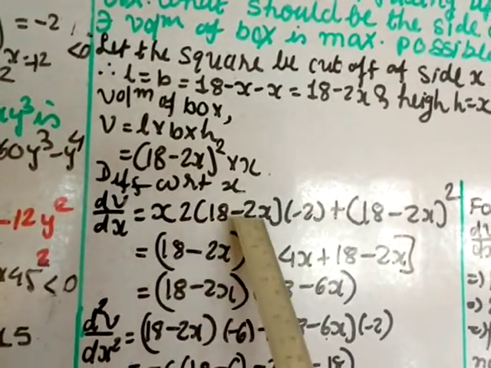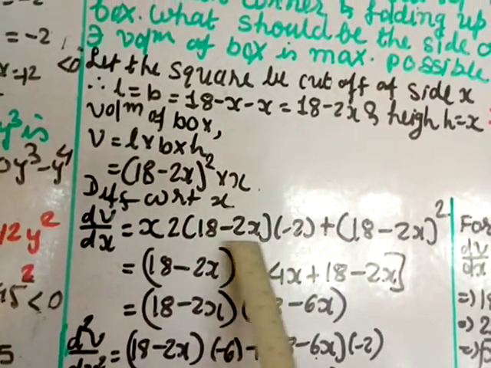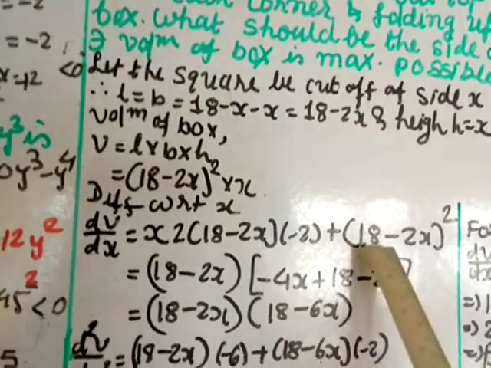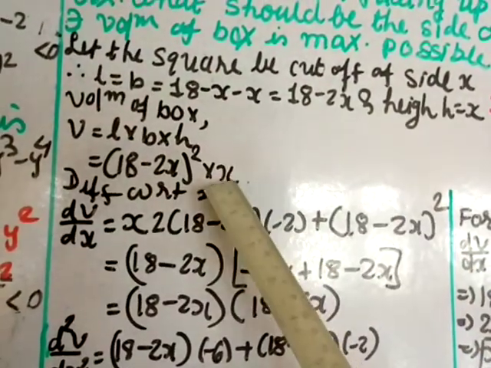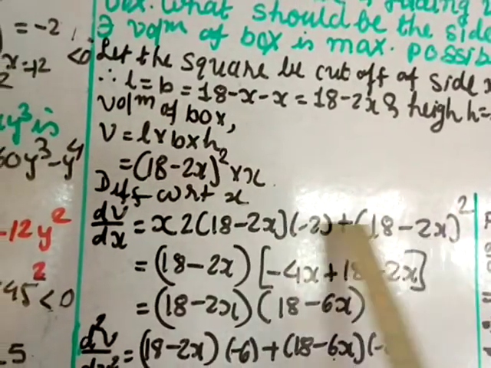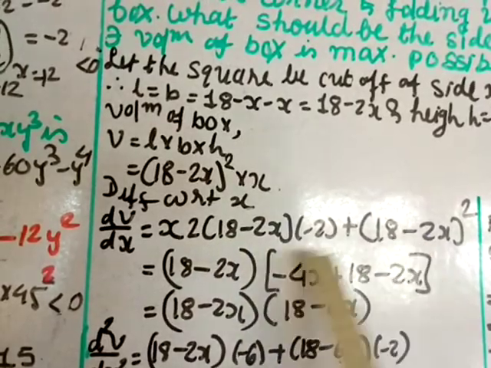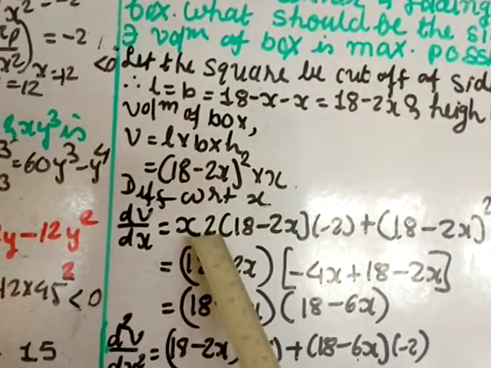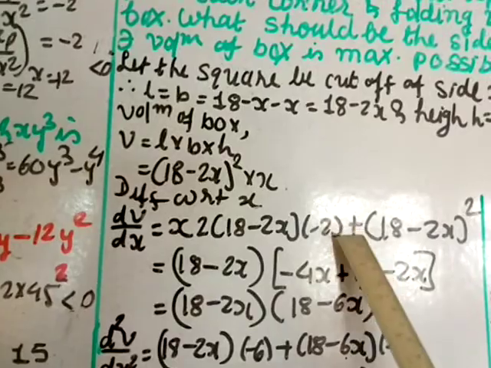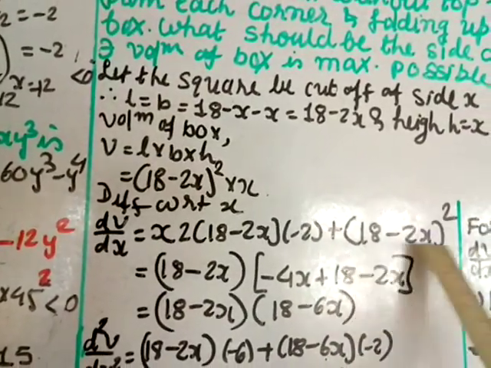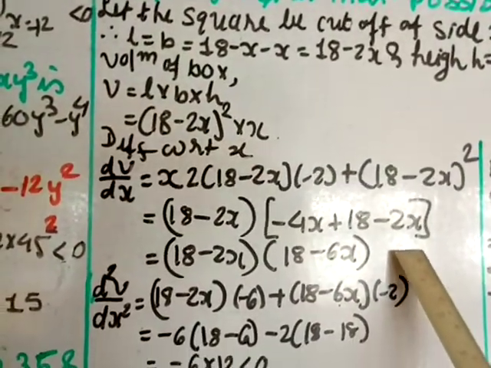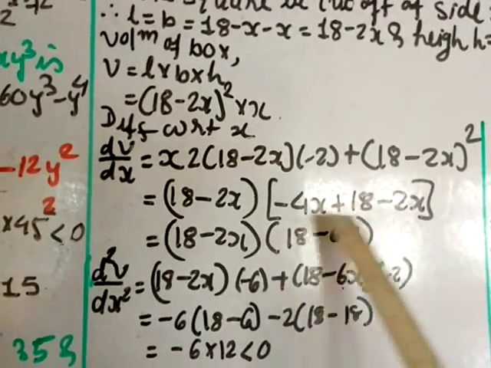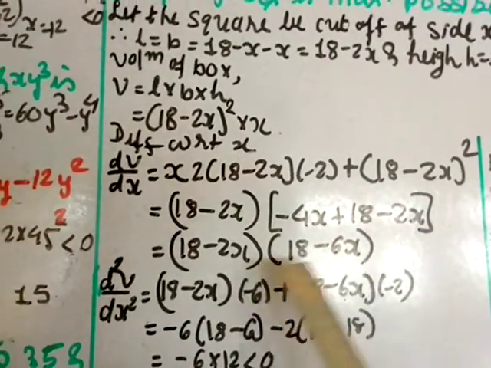So 2 into (18 minus 2x), then derivative of 2x is minus 2, plus (18 minus 2x) whole square as it is, and derivative of x is 1. Okay, now from these two I am taking 18 minus 2x common. So here remains minus 2 into 2 is minus 4 into x, plus 1 remains, times 18 minus 2x. Now here I can combine 18 minus 4x minus 2x, which is 18 minus 6x.